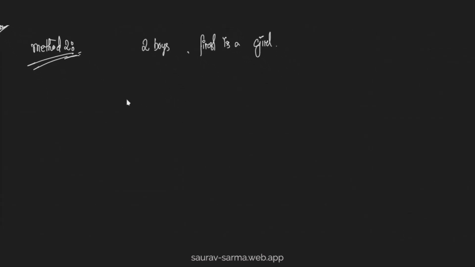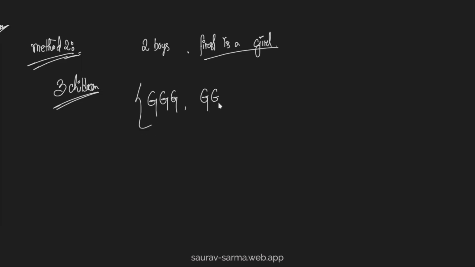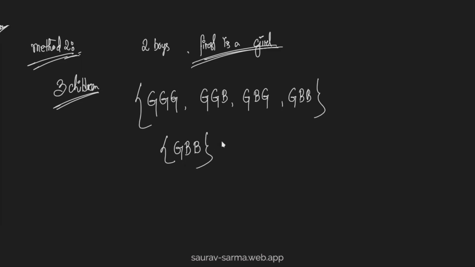So etia first is a girl ki option thakibo pare, there are 3 children in the house, right? And among them we need the first to be a girl, so girl boy girl, girl girl boy, girl boy boy, right? Condition is first is a girl, so no other options apart from these. Now we need two boys, right? So out of this, which situations have two boys? Only G, B, B, no other option.